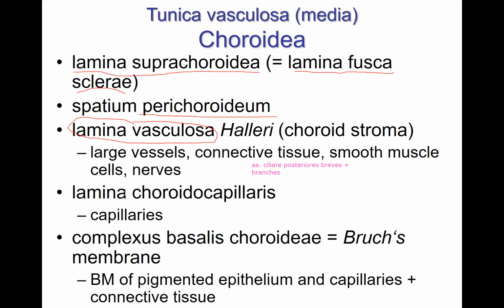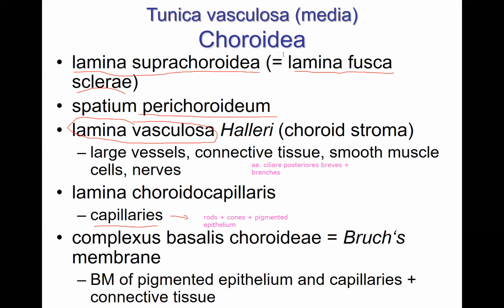Then the deeper layer contains just capillaries, and these capillaries then supply, as I said, rods and cones. And they also supply the pigmented epithelium, which is the layer of cells which divides choroid from retina.